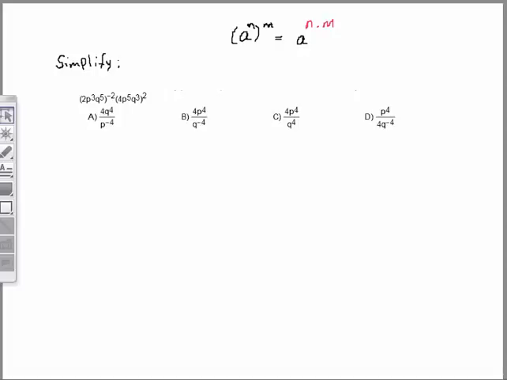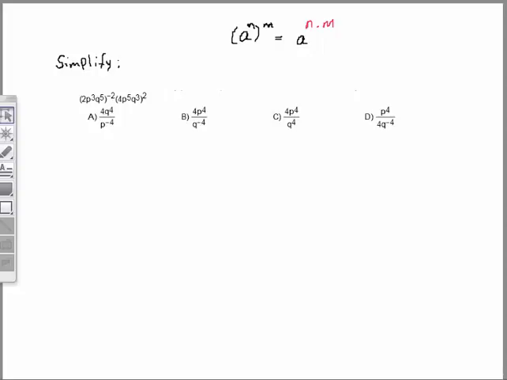Okay, using this concept, we're going to start with the first parentheses here. You have 2 to the power of negative 2.